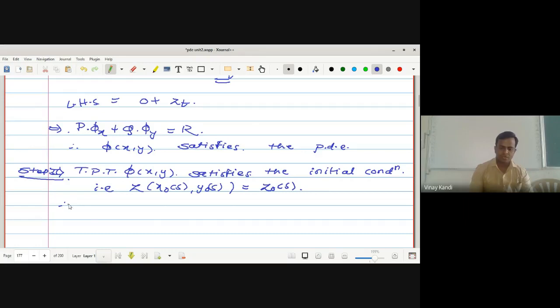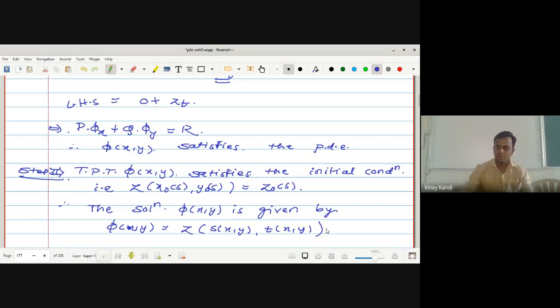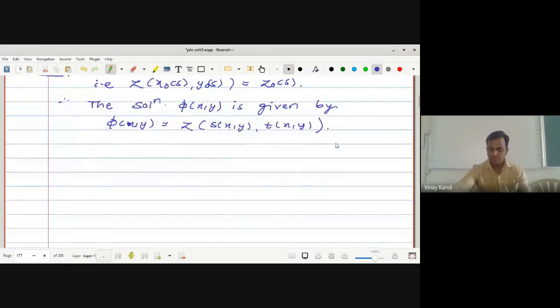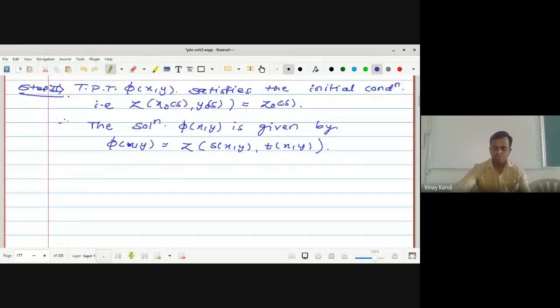Therefore, now the solution phi of xy is given by: what is the value of phi of xy? It is equal to z, where s is the function of xy and t is the function of xy. So this is phi of xy. Now obtain the initial condition. To obtain the initial condition, put t is equal to 0.